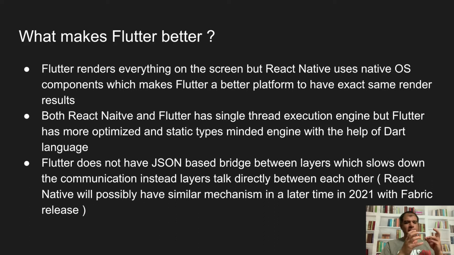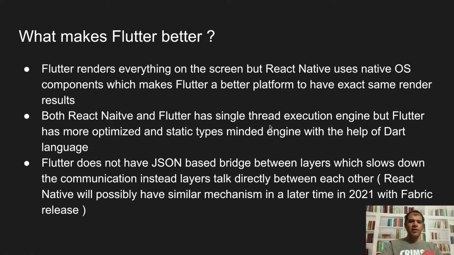If we want to see something drawn exactly the same on Android and iOS, at that point Flutter is a little bit ahead of React Native because it is in control of rendering. So this is a plus for Flutter.